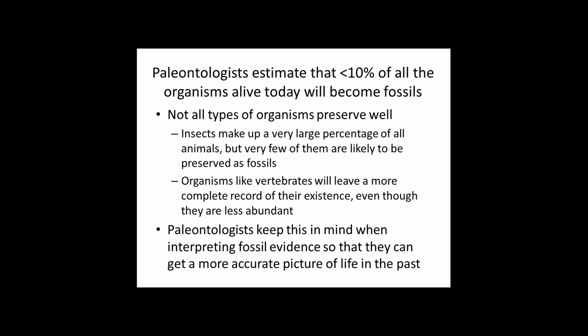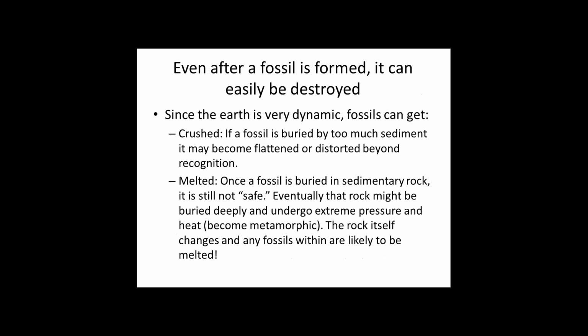So paleontologists keep this in mind when interpreting fossil evidence so that they can get a more accurate picture of life in the past. Otherwise, people are going to look back and study what the fossils tell us about the past, and they're going to infer that the world was inhabited solely by dinosaurs and like there were no other life forms, which is definitely false. So this is just something they keep in mind.